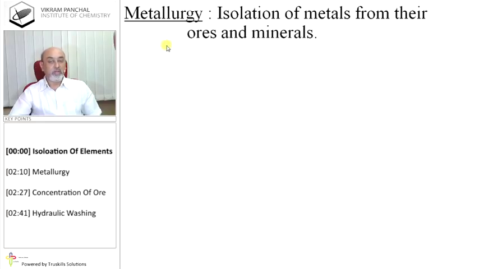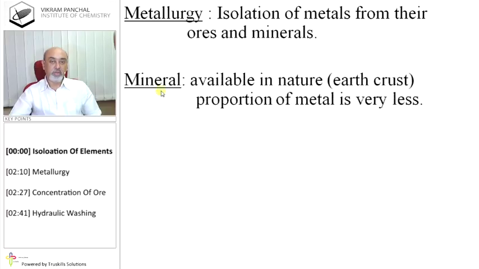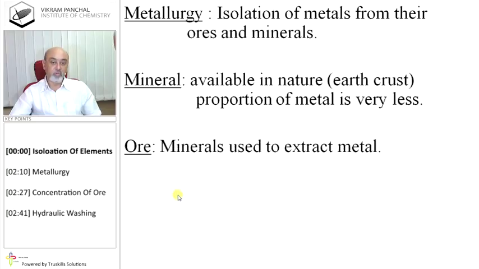Metallurgy. It is the science with the help of which isolation of metals from their ores and minerals. Mineral. Available in nature in the earth crust, which has a very small proportion of metal. Ore.